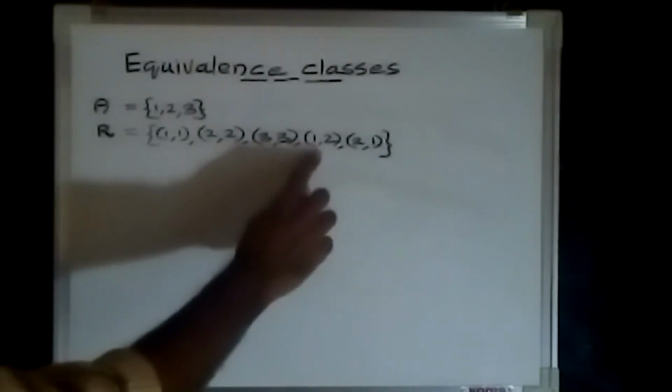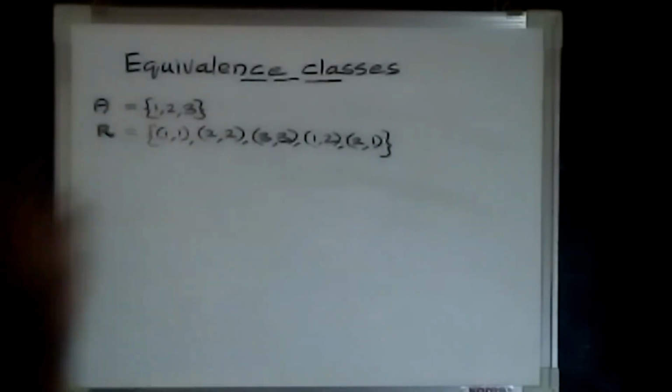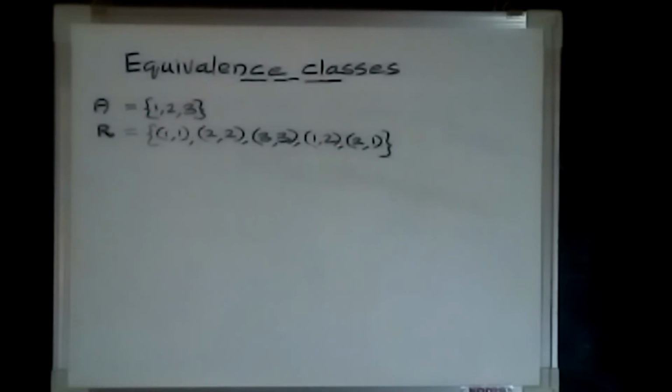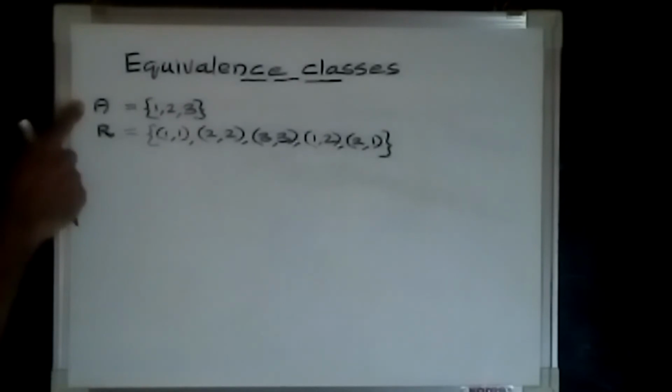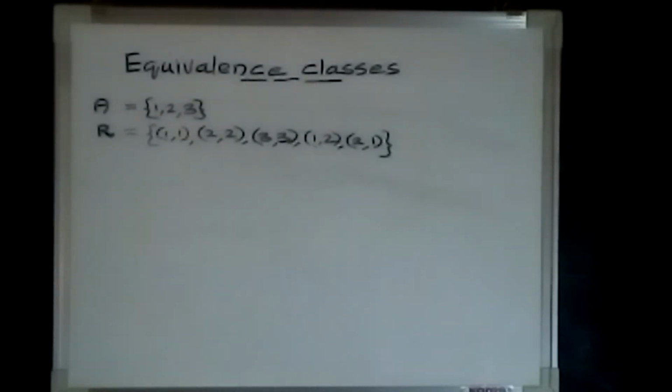And it is transitive too: (1, 2), (2, 1) implies (1, 1) belongs to the set, etc. Therefore, it is an equivalence relation. We have to check how this equivalence relation partitions the set A into mutually disjoint equivalence classes.